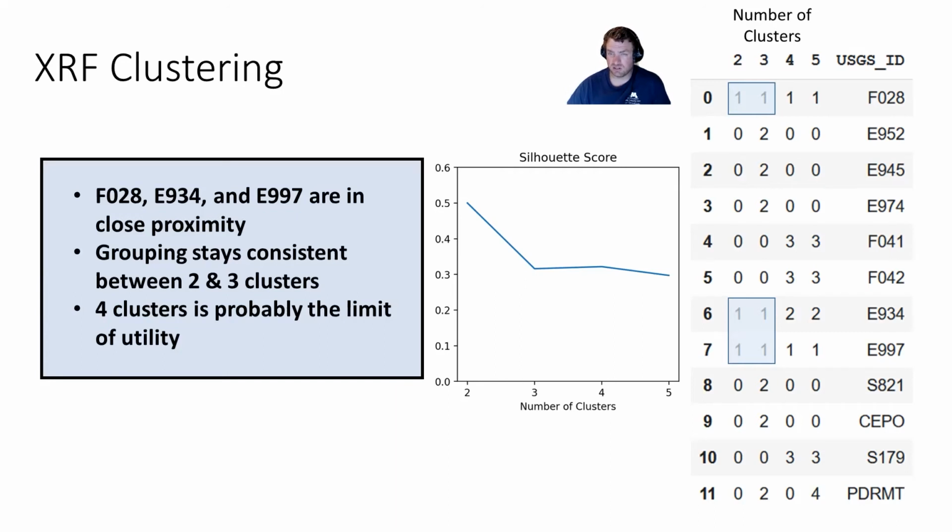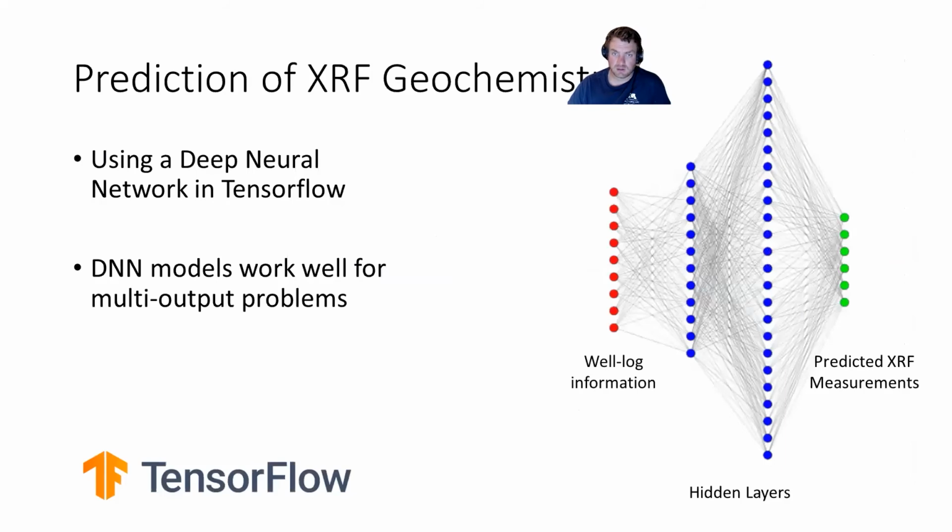It's good to look at, but I didn't see any true north to south trends or anything more spatial than this group of F028, E934, and E997.